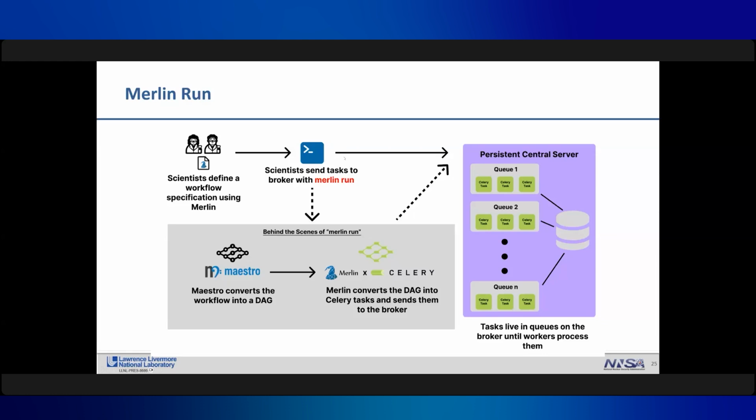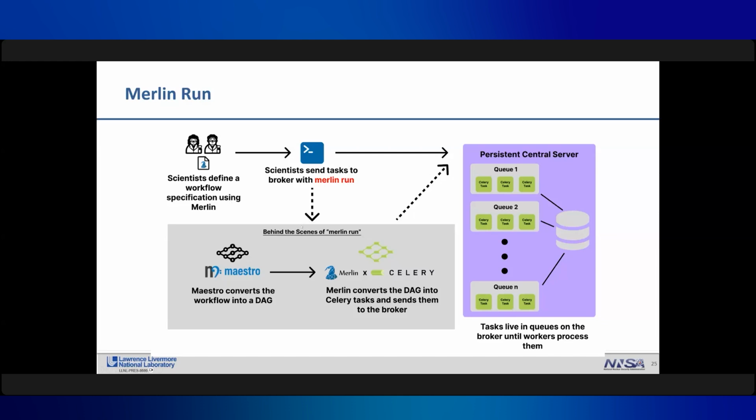With merlin run, we're taking that YAML spec, similar to what Jeremy was just showing, and sending it to Merlin to parse it and send the tasks to the server.